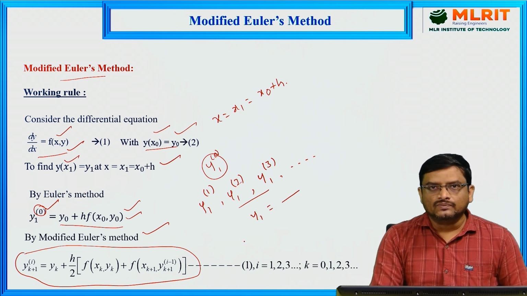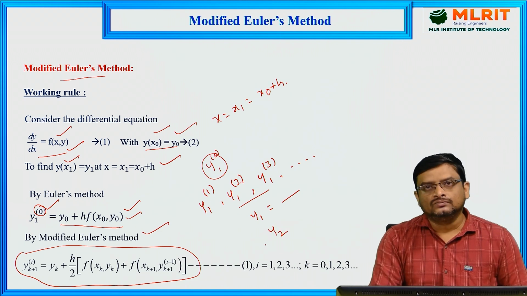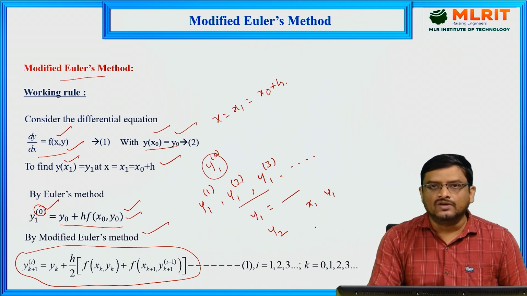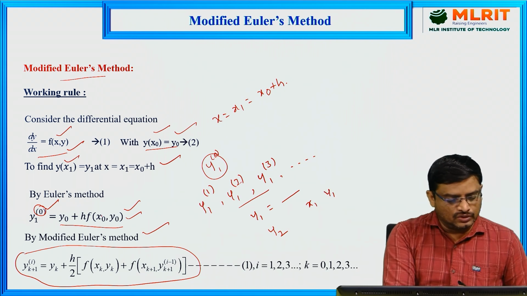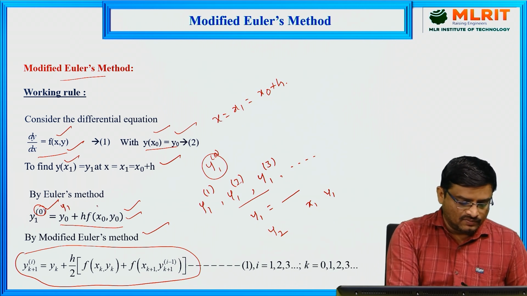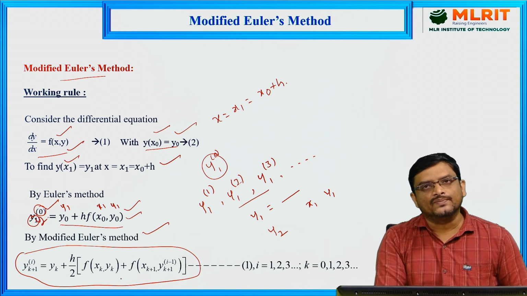Similarly, if you want to find the value of y2, then you consider x1 and y1 as initial values, and whatever formulas we have taken, you replace y0 with y1 and x0 with x1 to get the value of y2. Here also you follow the same procedure.